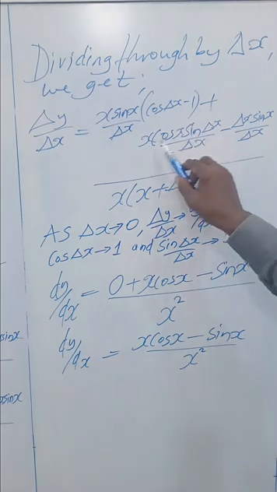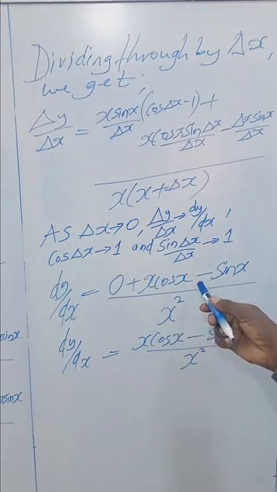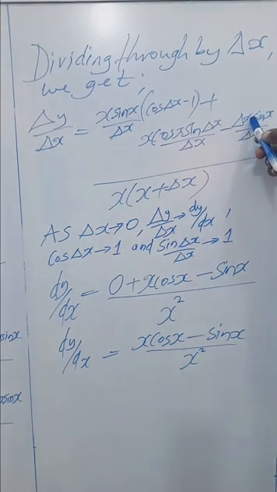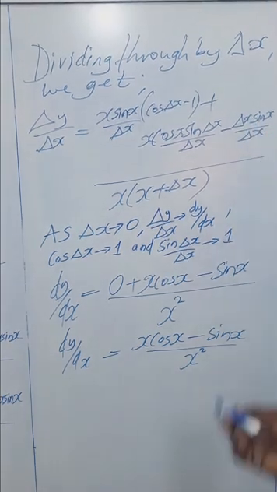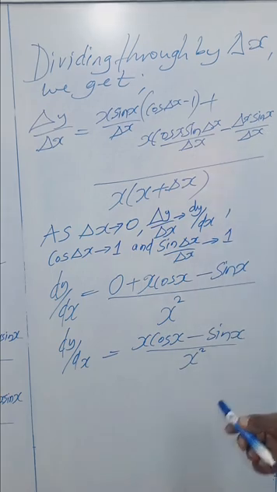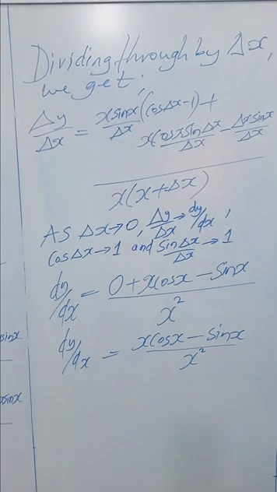So 1 times x cos x, you get x cos x minus. Go back here, look at this one. We have delta x divided by delta x, so that will give us 1. 1 times sine x, we get sine x, dividing over x squared.